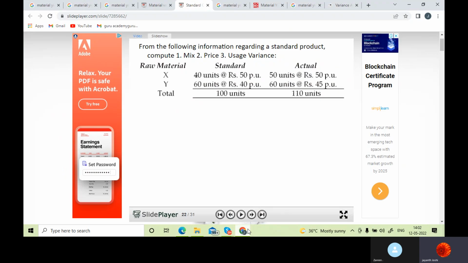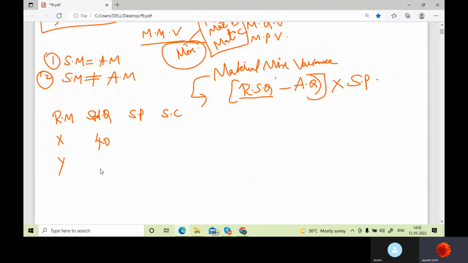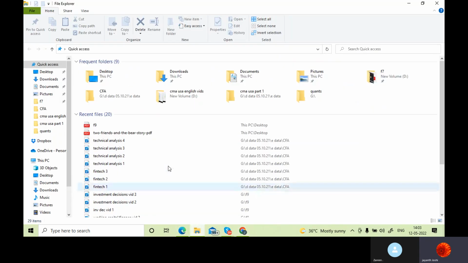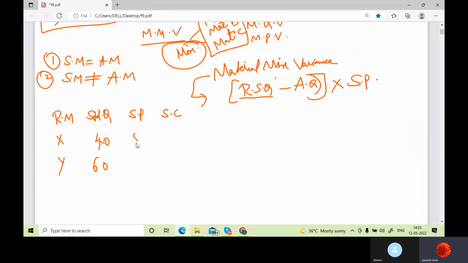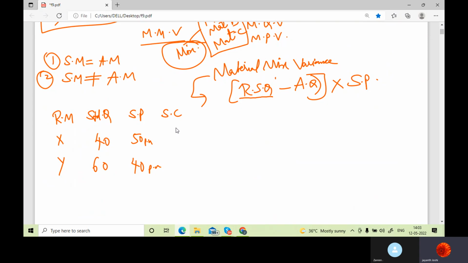Okay, so standard quantity is 40, 60. Standard price is 50 per unit and 40. You can multiply these two and you'll get the standard cost.